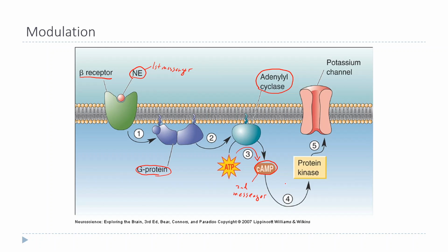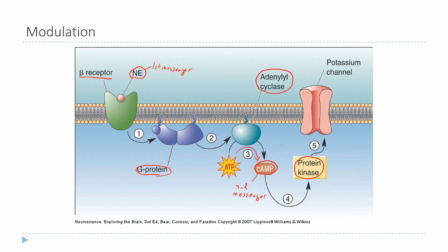It actually activates multiple pathways, but one of the things it does is it activates a different enzyme called protein kinase A. Now, a protein kinase is a special type of enzyme that works by adding phosphate groups to other proteins.